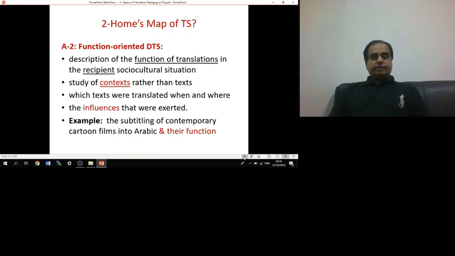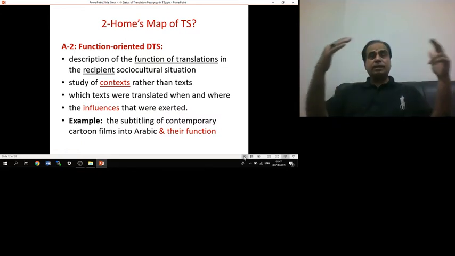Function oriented descriptive translation studies is the description of the function of translation, the recipient, and the socio-cultural situation. The term function here, in Holmes' map, means the impact of translation. Suppose the Quran is translated into Urdu and people read this translation, what impact did this translation leave on the minds of the readers?